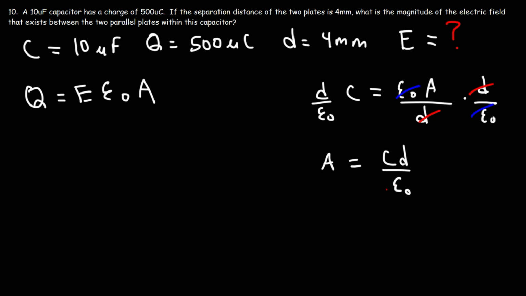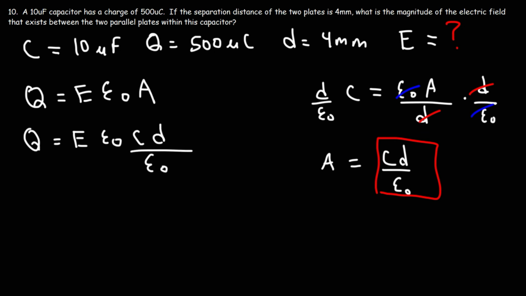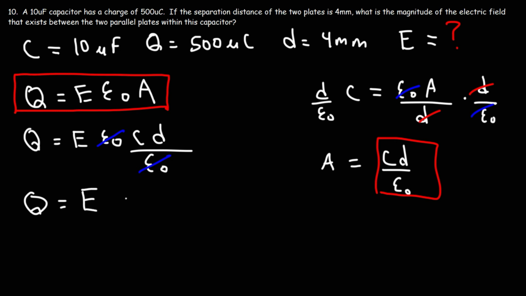So now let's take this and substitute it for A. So Q is E times the permittivity of free space times C D over the permittivity of free space. So these will cancel. And so now we have two ways in which we can calculate the electric charge. It's equal to the electric field times the permittivity of free space times the area, or it's equal to the electric field times the capacitance times the separation distance.